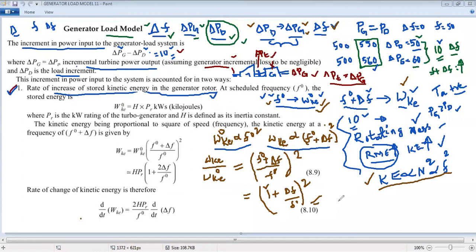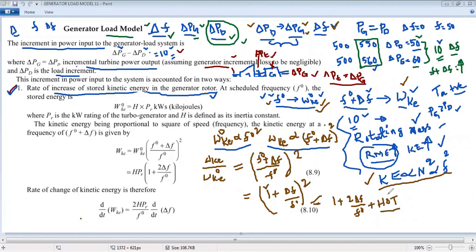This is equal to 1 plus 2 delta f by f naught plus higher order terms. So Wke by Wke naught is 1 plus 2 delta f by f naught plus some higher order terms.